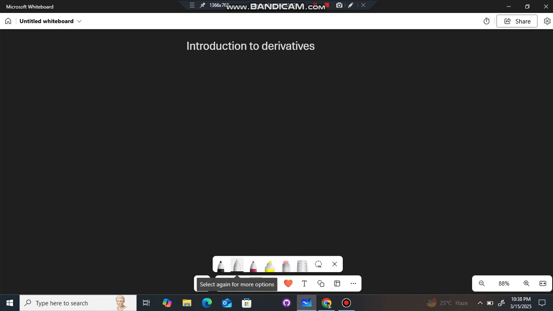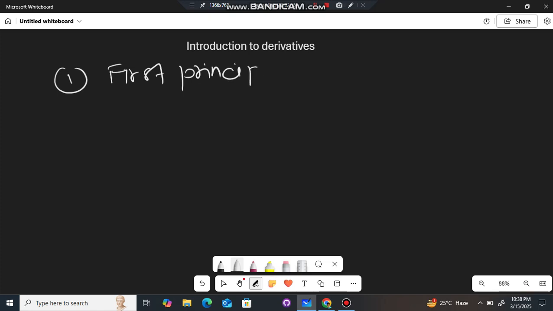The first method to solving derivative is with the use of first principle. So there is a formula for first principle.